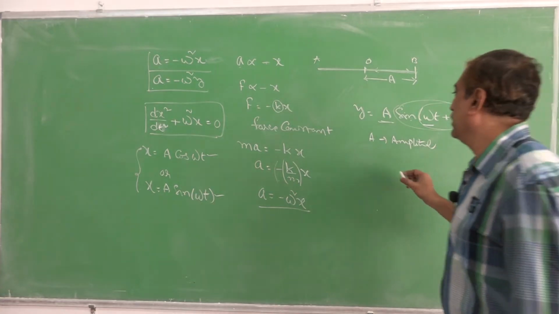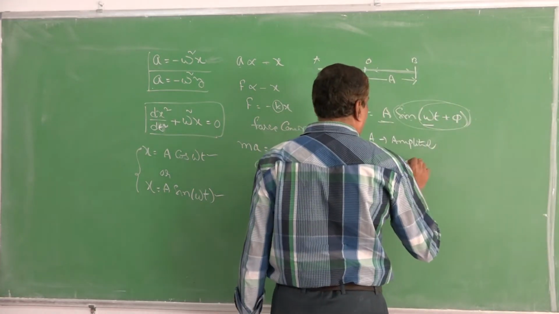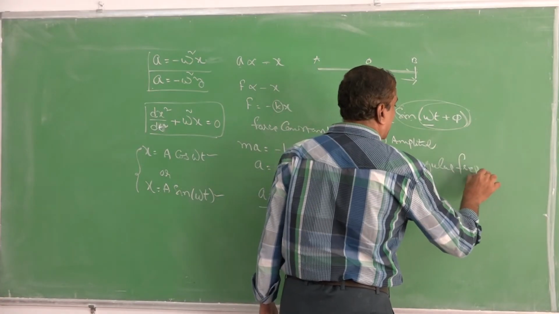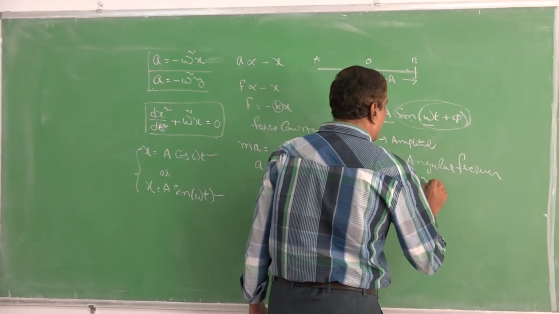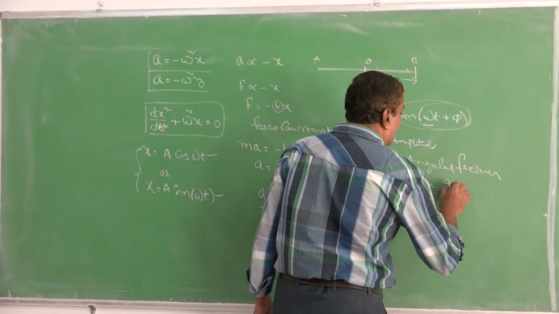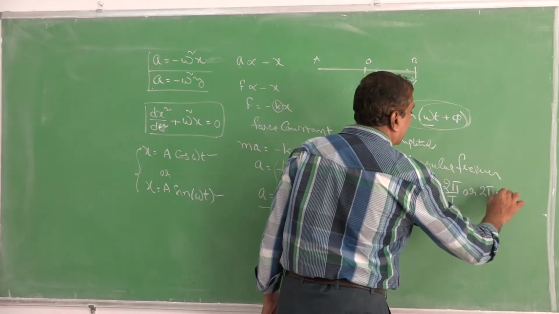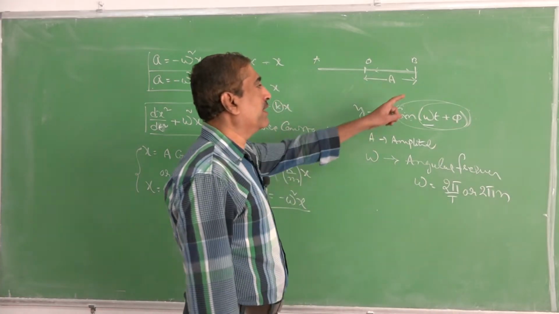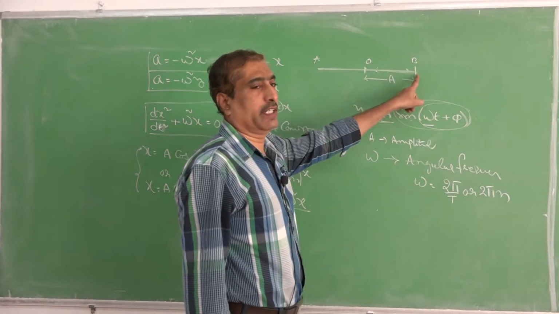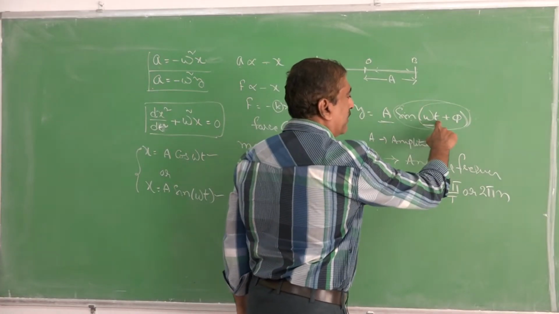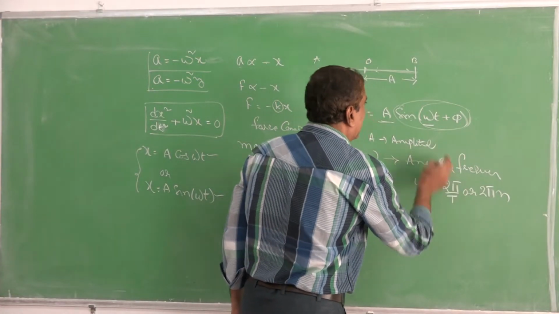Now, omega is called angular frequency, and omega is equal to 2 pi by T, or 2 pi n, where n is the frequency. Frequency means the number of oscillations made in 1 second, or unit time, where capital T is the time period of oscillation.